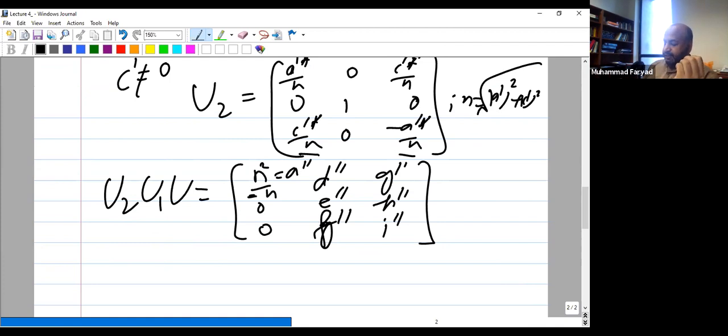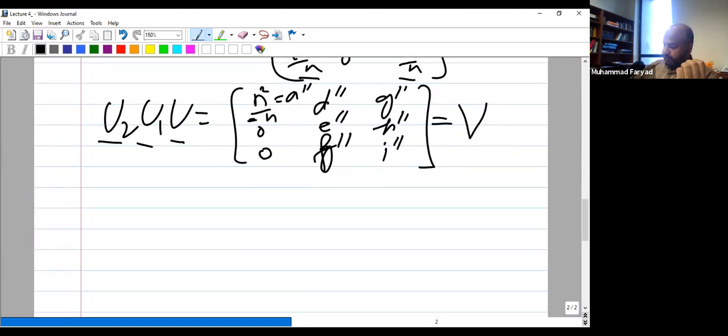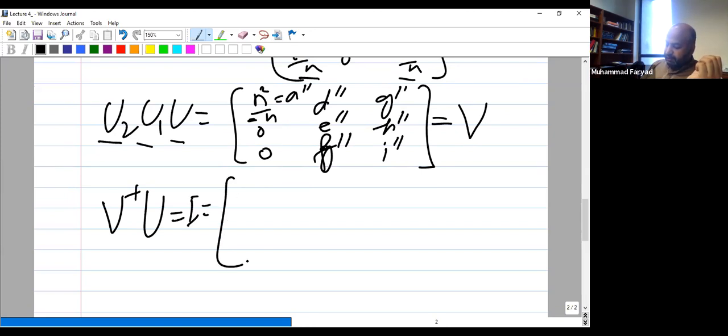Now, since these three are unitary matrices, this matrix, let me call it some V, also has to be a unitary matrix. If this has to be a unitary matrix, it means V dagger V has to be an identity. And V dagger is A double prime star, D double prime star, G double prime star.